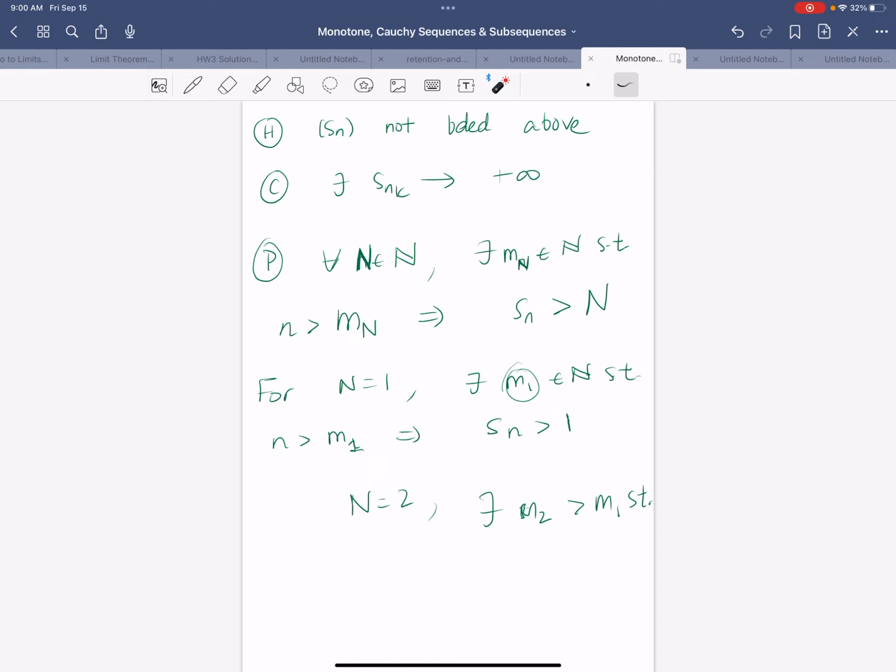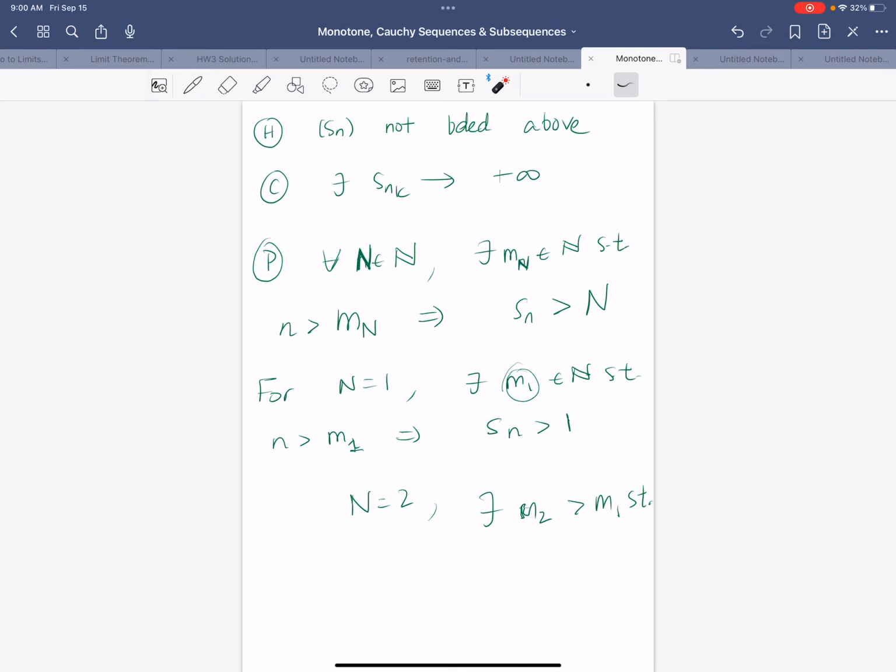In the same way, you're building your sequence. You can make it so that your terms are increasing, and you say the Sn is bigger than the max of S1 and 2, to make sure that you're diverging to plus infinity and also monotonically increasing.